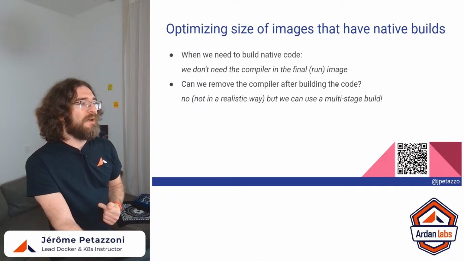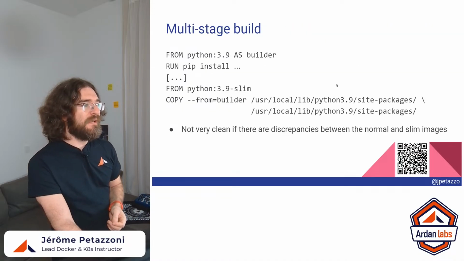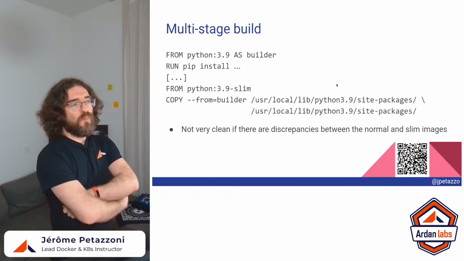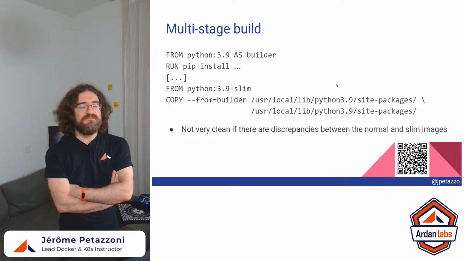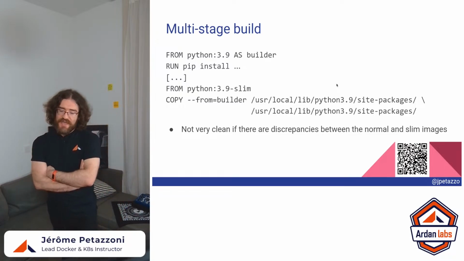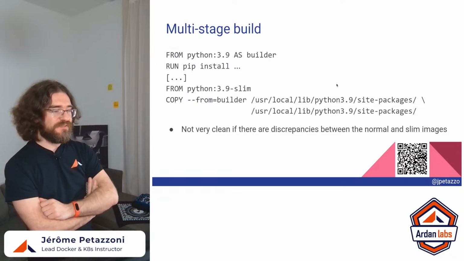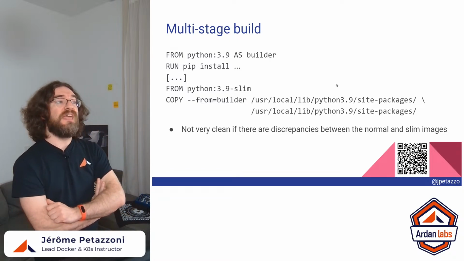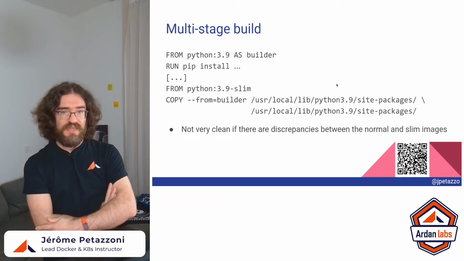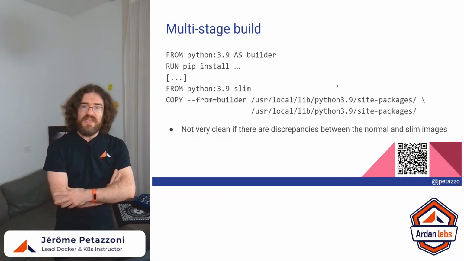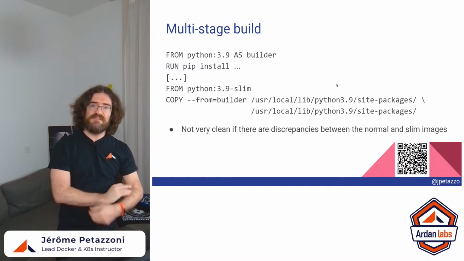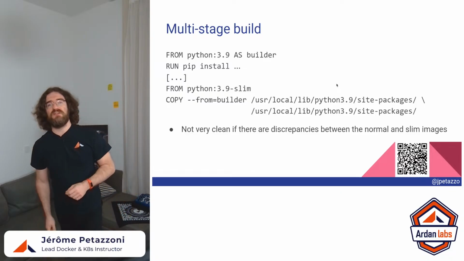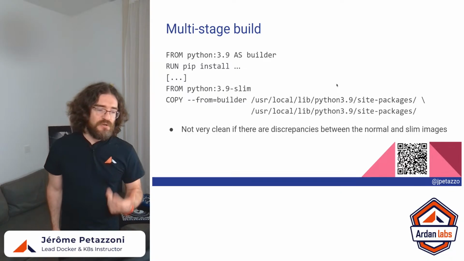All right. So the next thing we can do, what if I actually have code that builds native packages and I still want to leverage that Python Slim thing? Is there a way to do that? And yes, there is a way, and the way is to leverage multi-stage builds.